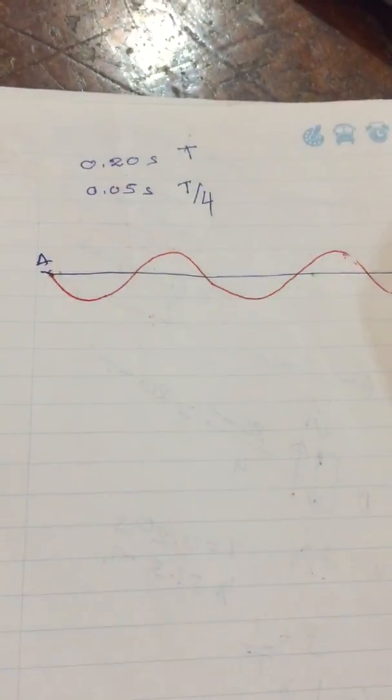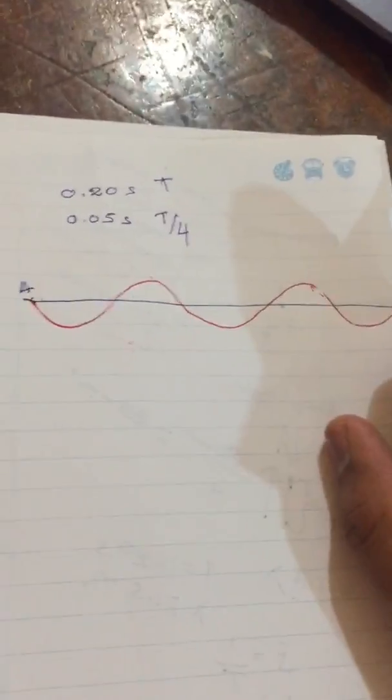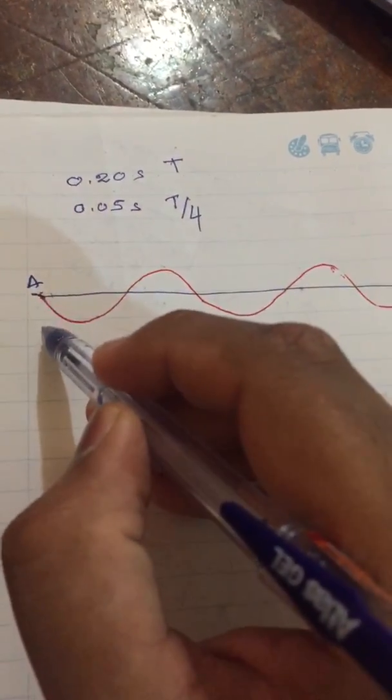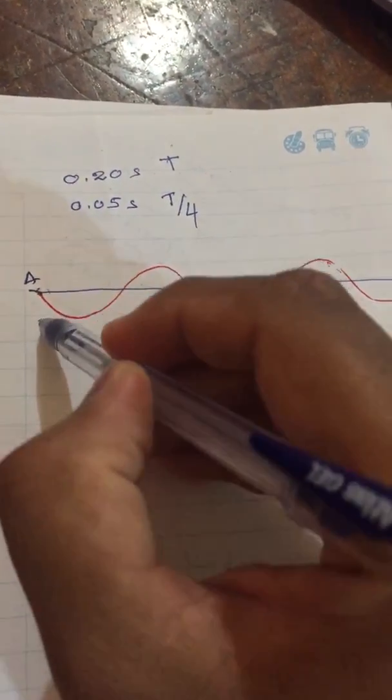So this is A. If you are comparing it with the earlier situation, earlier A was here, right?